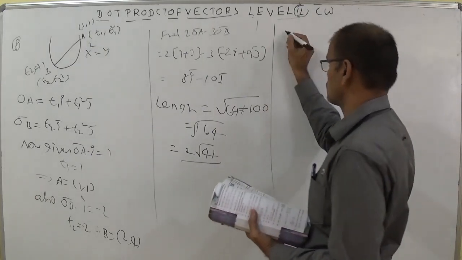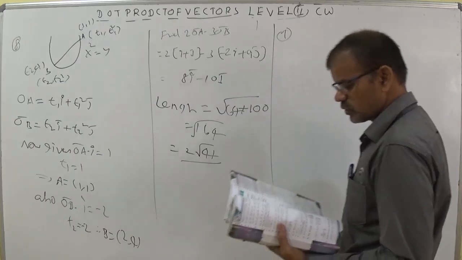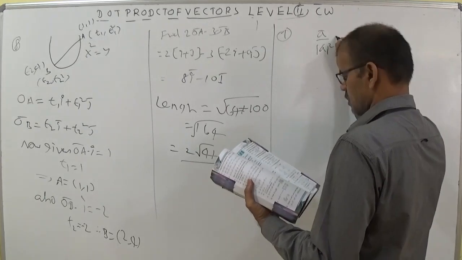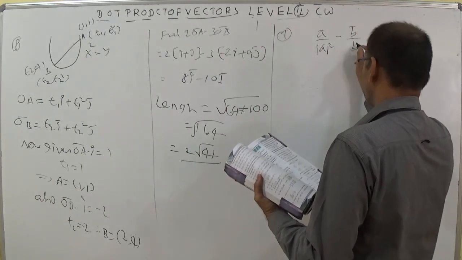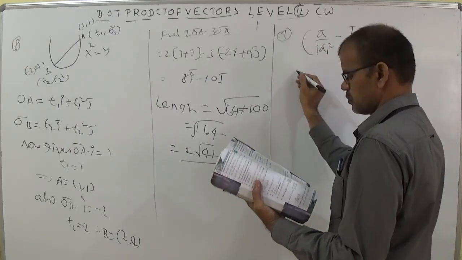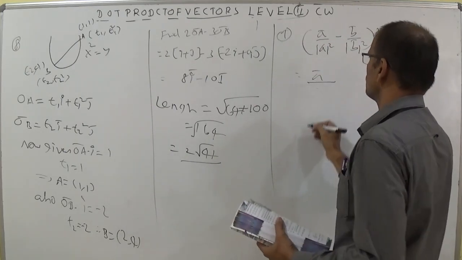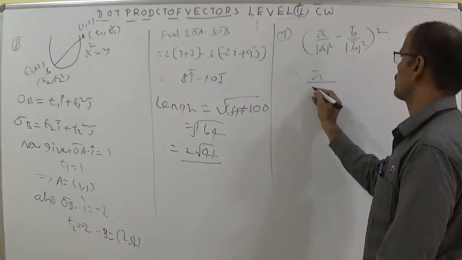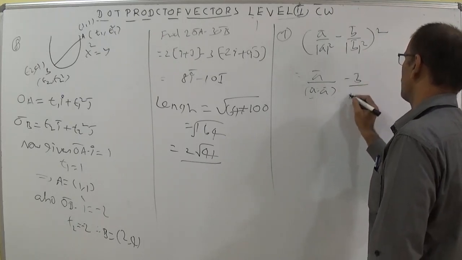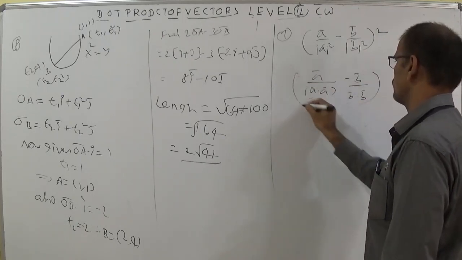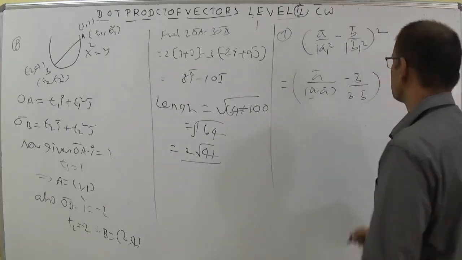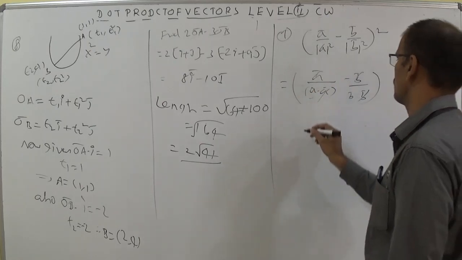Next let us discuss the ninth question. A bar, B bar are two non-collinear vectors. A bar by mod A square, B bar by mod B square, whole square. No need to worry about this question. We know that component whole square can be written as vector dot vector. B bar dot B bar is a scalar, it becomes B bar square. B bar gets cancelled, A bar gets cancelled.